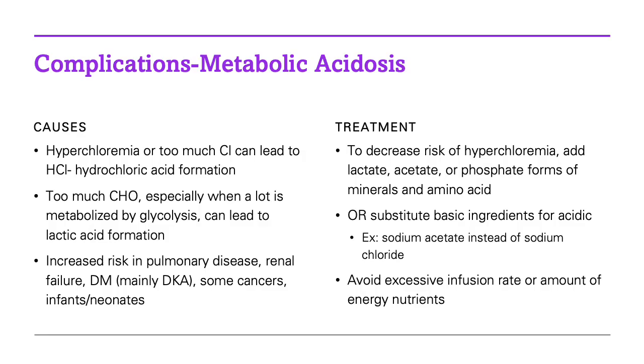For treatment, to decrease the risk of hyperchloremia, we want to add lactate, acetate, or phosphate forms of minerals and amino acids, or substitute basic ingredients for acidic ones. For example, we can put sodium acetate in the TPN instead of sodium chloride. And we want to avoid excess infusion rate or amount of energy nutrients.